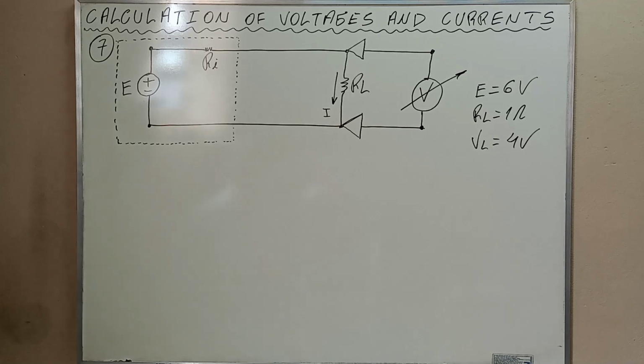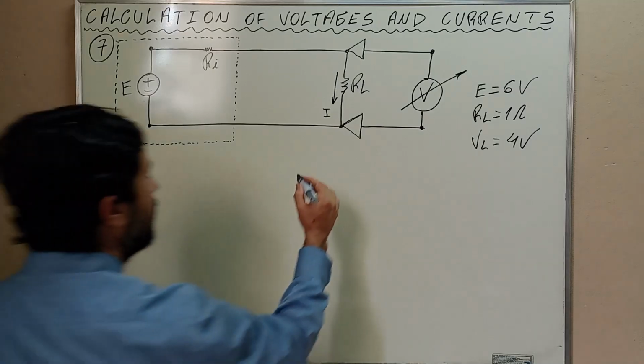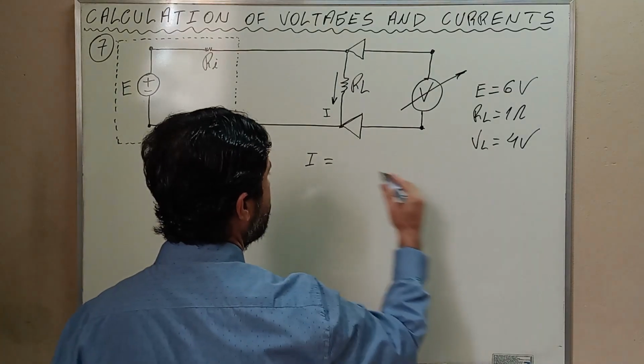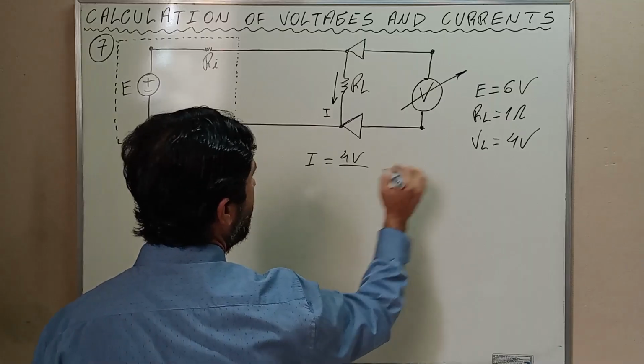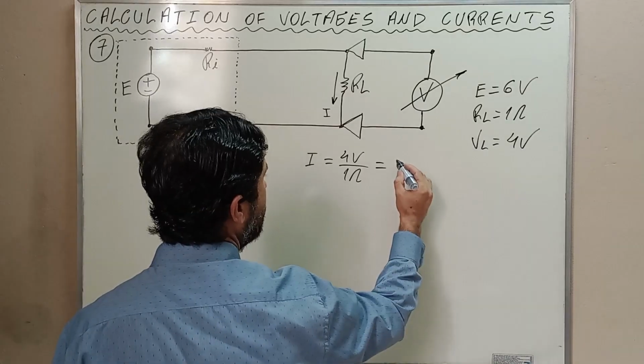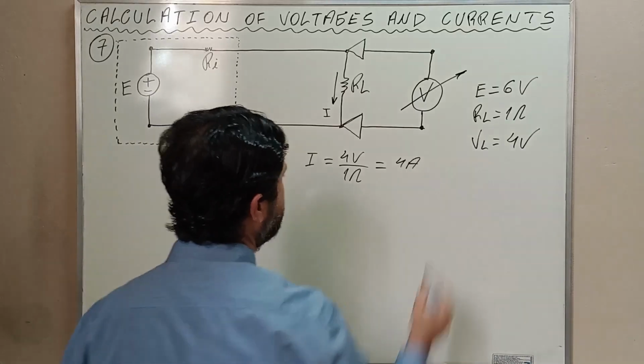If the voltmeter indicates 4 volts when the value of the load resistor is 1 ohm, we can calculate the current that flows in the circuit. I is merely the division between the voltage and the resistance, and this current is 4 amps.